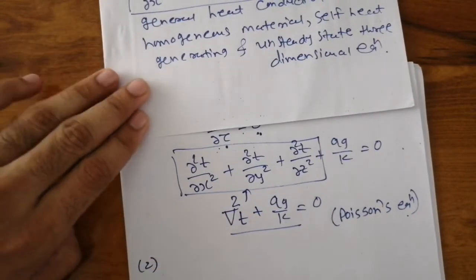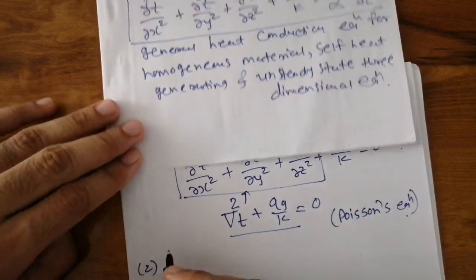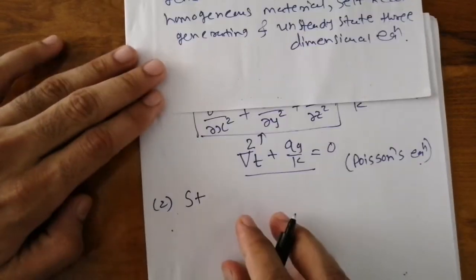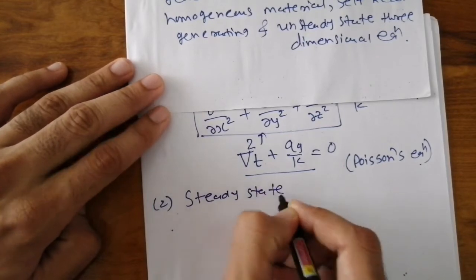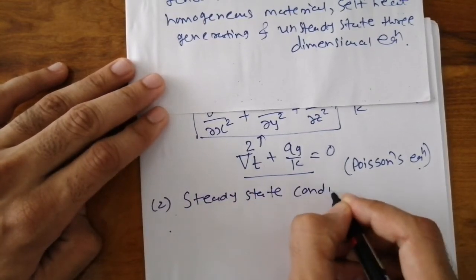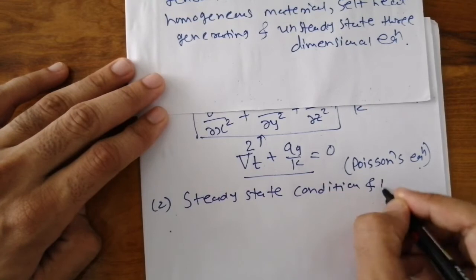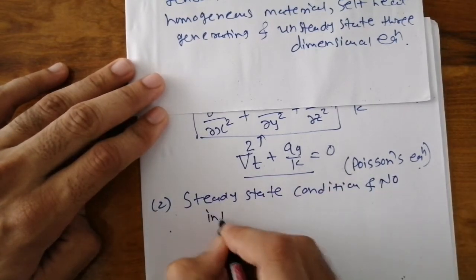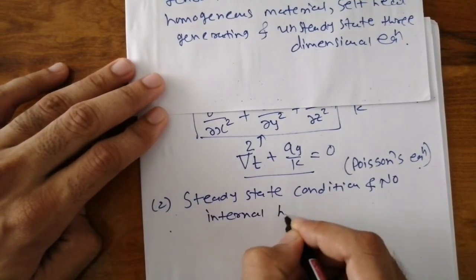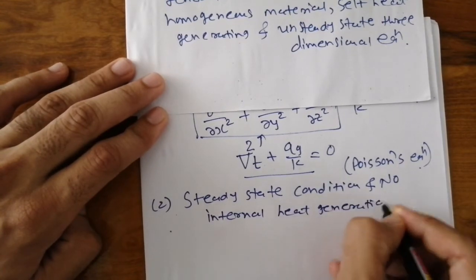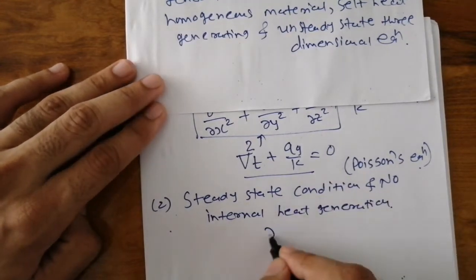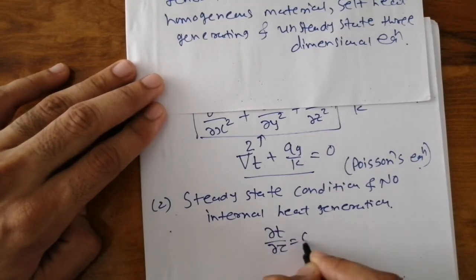Now we are going to the second case. What is the second case? The condition is steady state condition and no internal heat generation. For steady state condition, I already told you that del T by del tau is equal to 0.